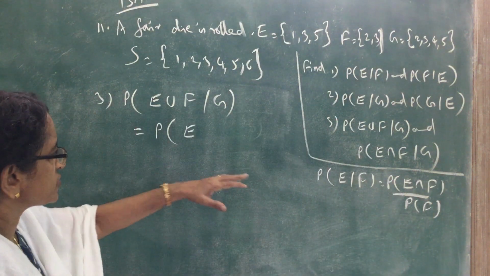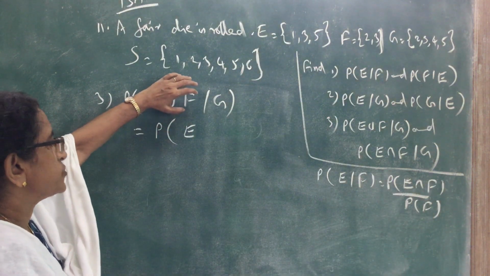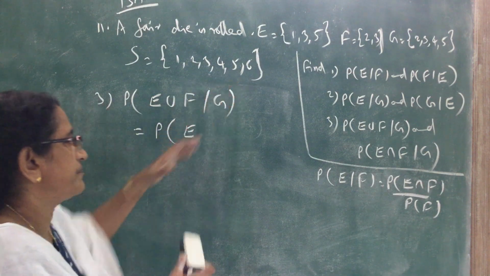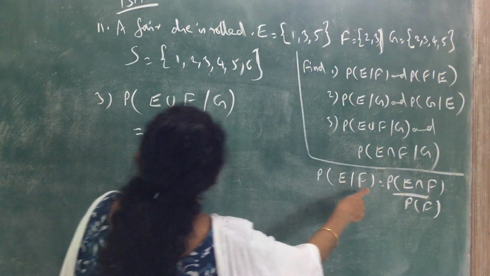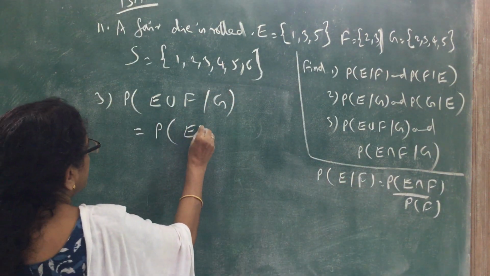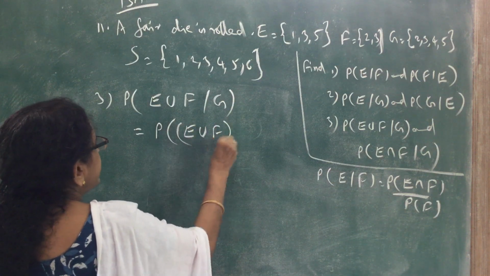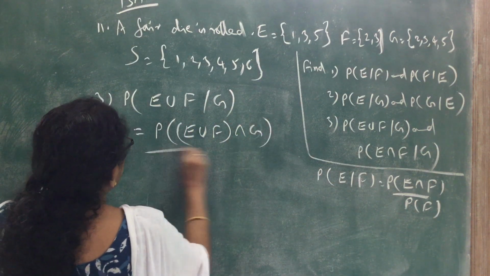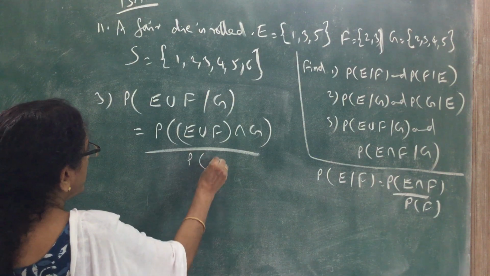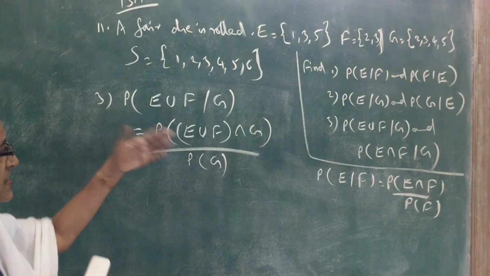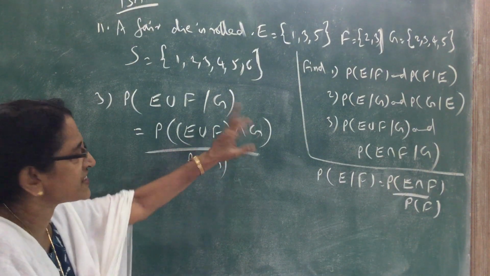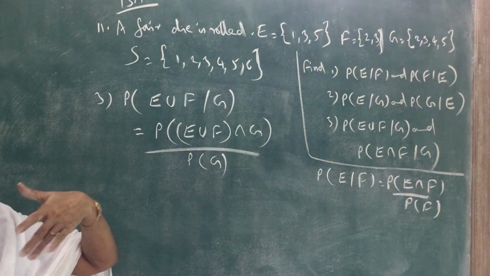So here, in place of E, we take E union F: P((E union F) ∩ G) divided by P(G). That is the formula. First we want to find (E union F) ∩ G. Then we can find the probability very easily.